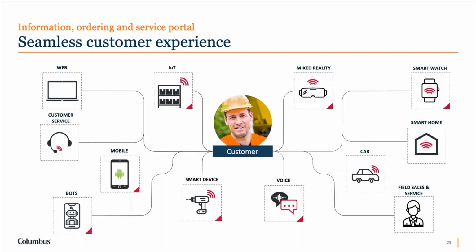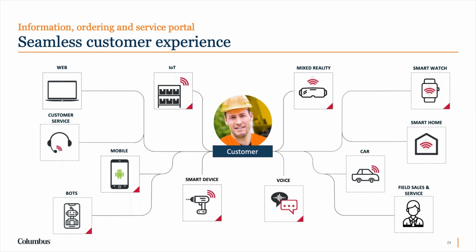So each one of those pieces, for instance, could be a part of the portal, or can show a special view on a process that is defined on the portal. And it's also important that the customer can transition to any one of those access points.